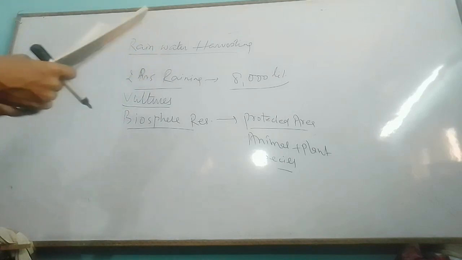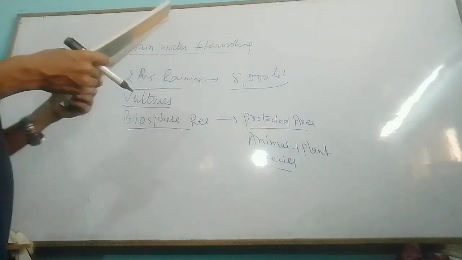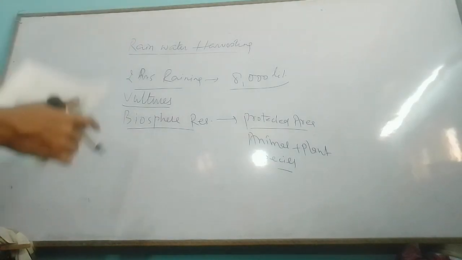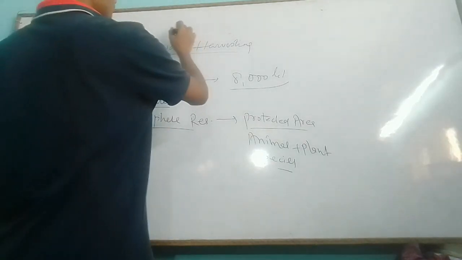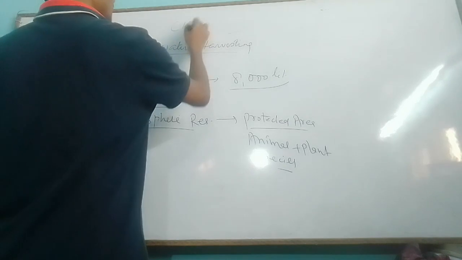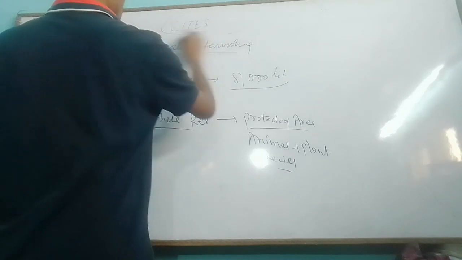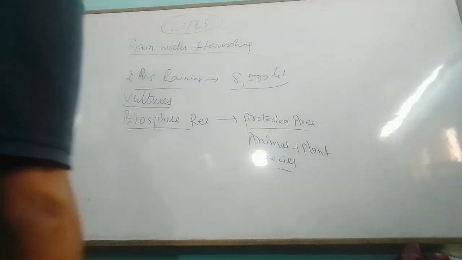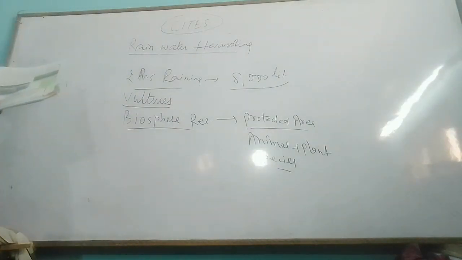Next is CITES. What do you mean by CITES? The full form of CITES is Convention on International Trade in Endangered Species of Wildlife, Fauna and Flora.